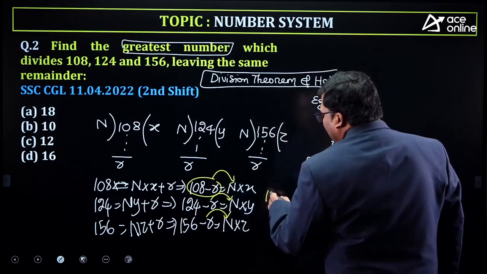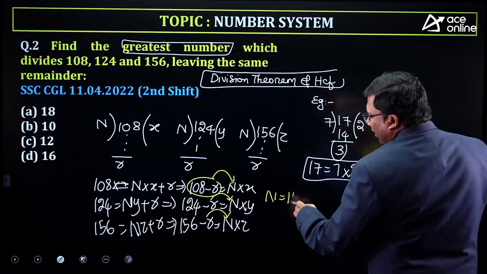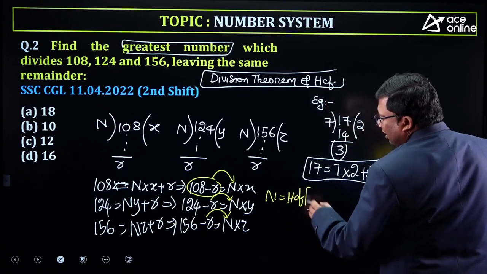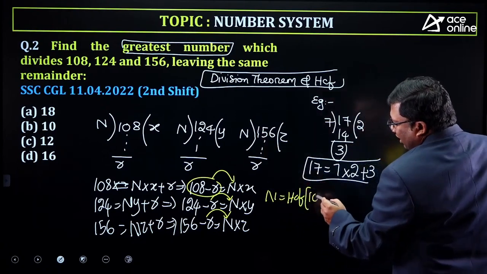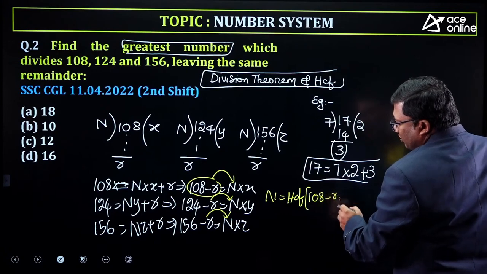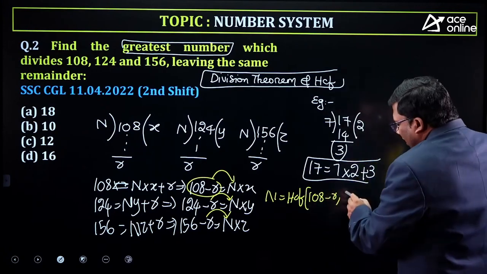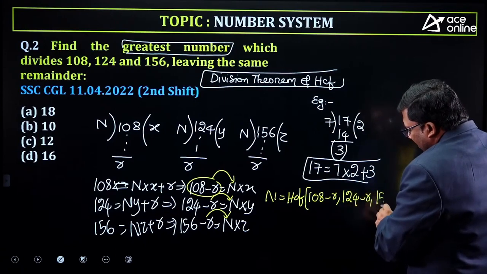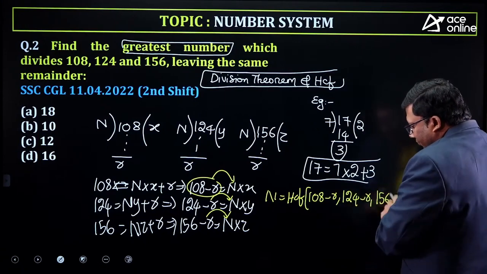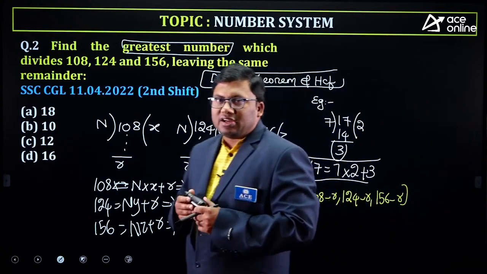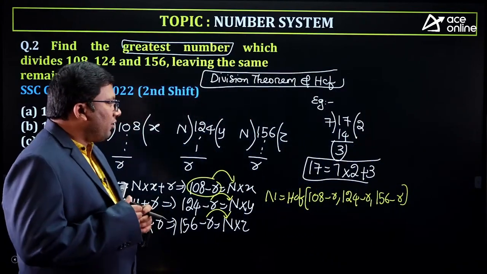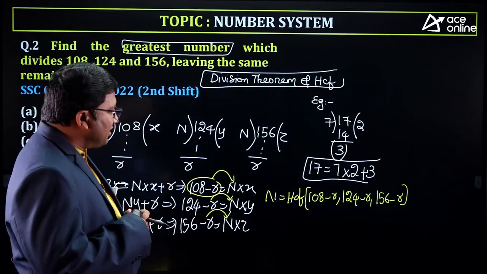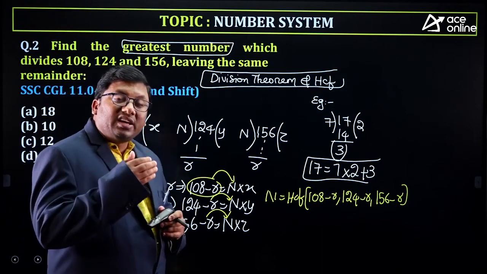And I also want the highest number. So the factor common to all the three numbers is HCF. HCF of 108 minus r, 124 minus r, 156 minus r. Why is it HCF?